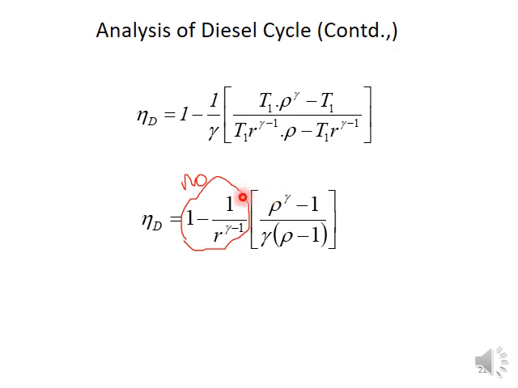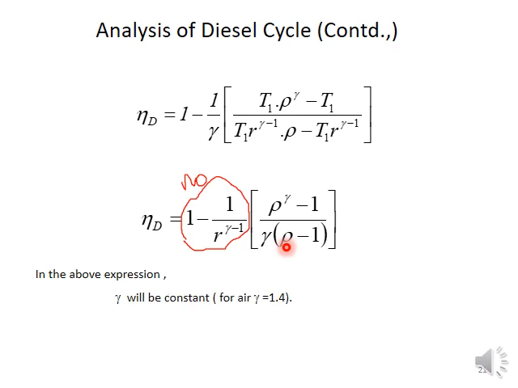So, we will calculate the efficiency for different values of cutoff ratio and compression ratio. So, you have to remember this formula. Efficiency of diesel cycle is 1 minus 1 divided by R power gamma minus 1 into rho power gamma minus 1 divided by gamma into rho minus 1.